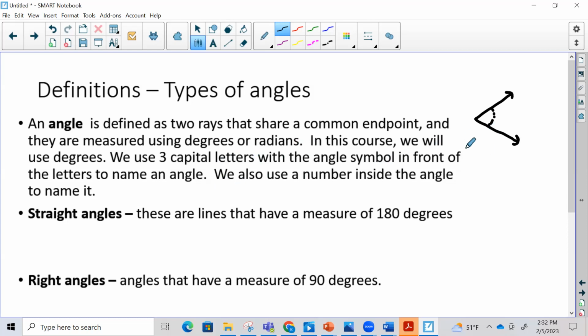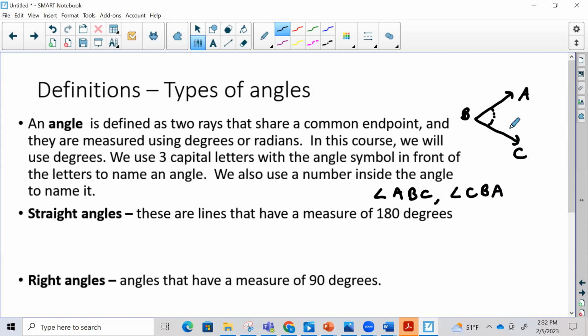We use 3 capital letters with the angle symbol in front of the letters to name an angle. You can also use a number inside the angle to name it. So if this is my angle, I could name it angle ABC, or I could name it angle CBA.